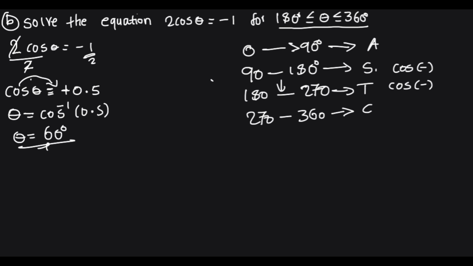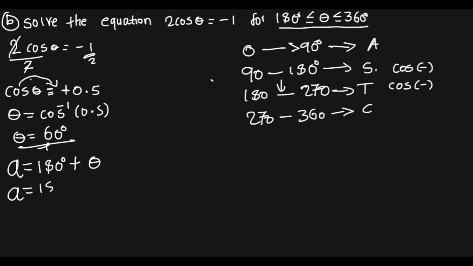Now 60 degrees, we can see that is falling in the first quadrant, but the point is we need to find an angle in the third quadrant because of the range from 180 to 360. So how do we find the angle? The angle in the third quadrant should be found by 180 plus the angle in the first quadrant.